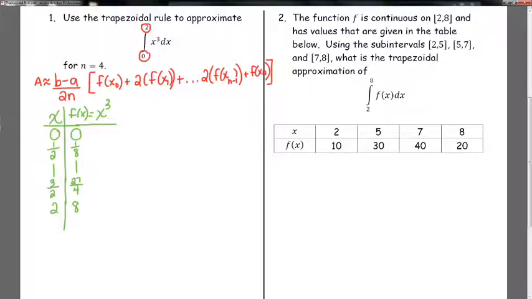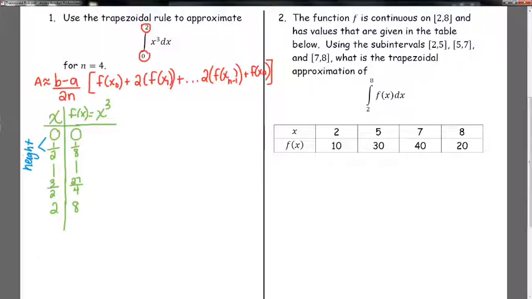Unlike what we're used to, because we've been used to talking about height and width, instead these guys are the heights of the trapezoids. And so my height is consistent per trapezoid. My height is always going to be a half.